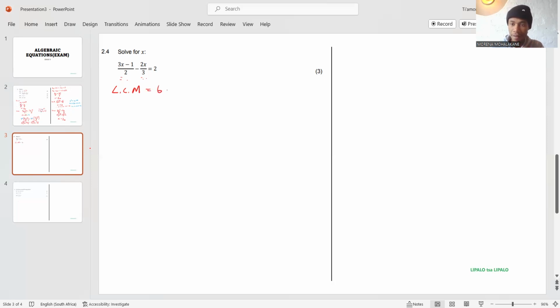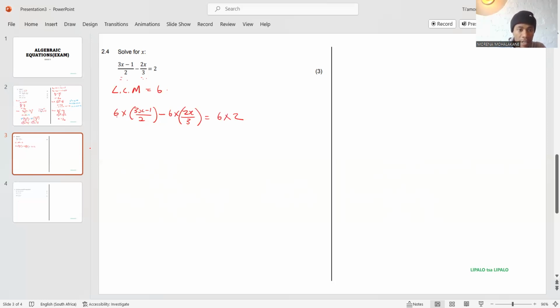So I multiply everything by the LCM: 6 times (3x minus 1) all over 2, minus, again, 6 times 2x all over 3, equal to 6 times 2, multiplying everything by the LCM.